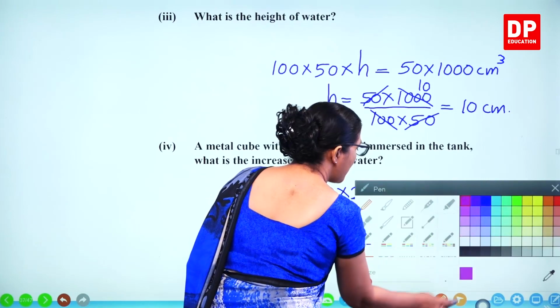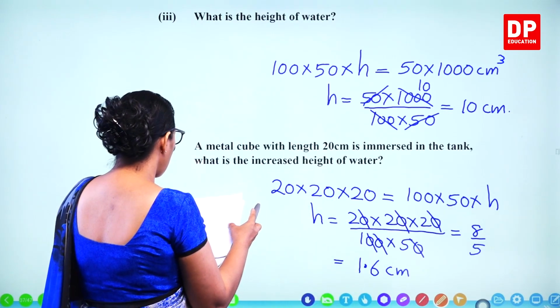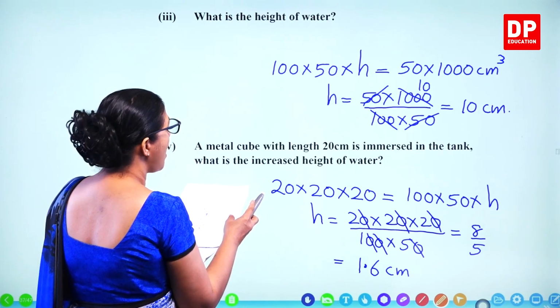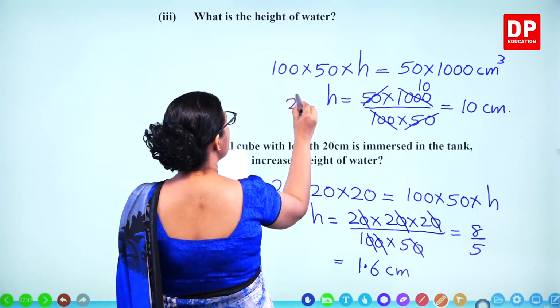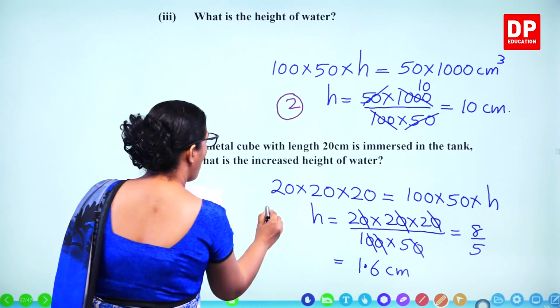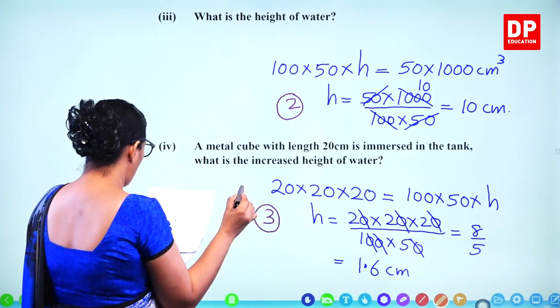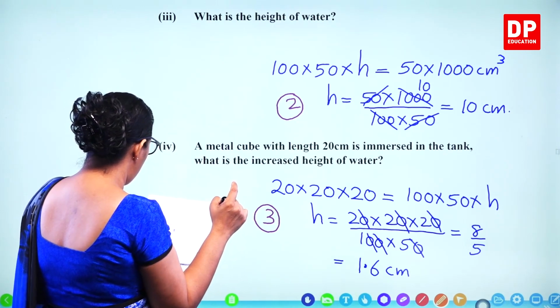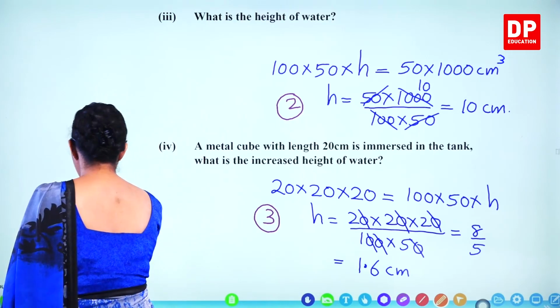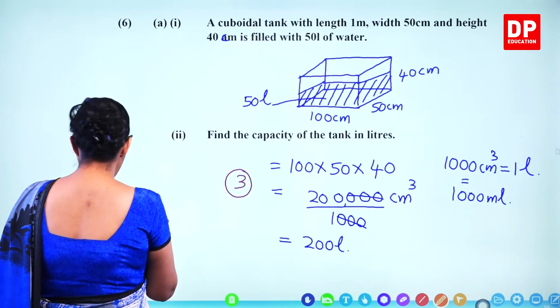So how many marks for that? You are getting 2 marks for this part and 3 marks for this one. So 3 plus 5, 8 marks.